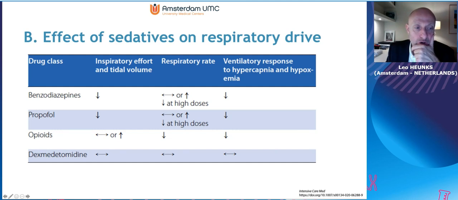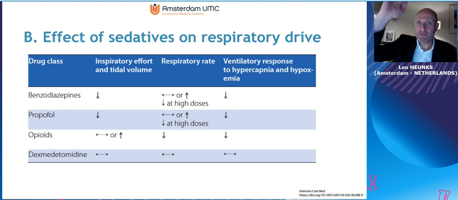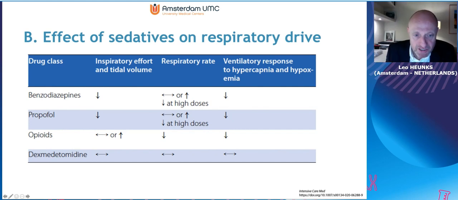On the other hand, opioids increase the amplitude of respiratory drive, so increase tidal volume, but decrease respiratory rate. Dexmedetomidine has little effect on respiratory drive and respiratory rate.